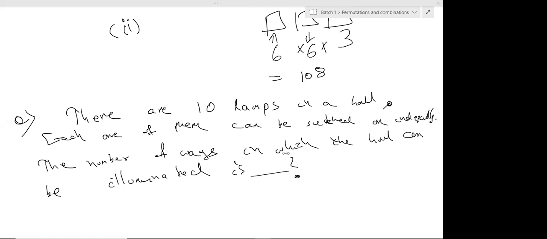Sir, it is the number of ways in which the hall can be illuminated. Each of them can be switched on independently. Okay, sir.